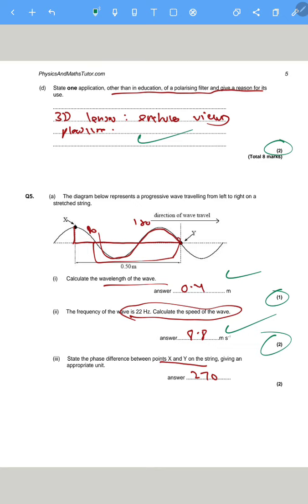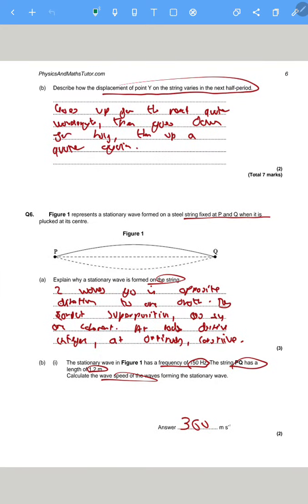There's 90 degrees, there's 180 degrees. That makes 270. Fair enough. No, wait. Nope. So describe how the displacement on point Y varies over the next half. We'll go up, then we'll return to its original. We'll go up, and then we'll go down.